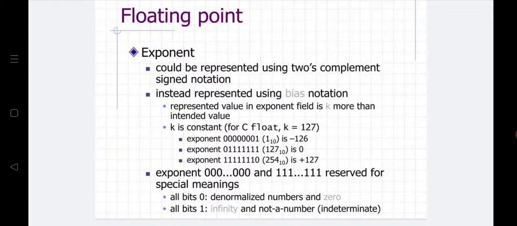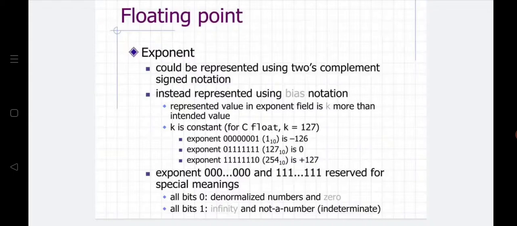If my value is 127, then 127 minus 127 is 0, so my exponent value will become 0. The same thing applies for the next value also. So the exponents 0 and 1 are reserved for special meanings.